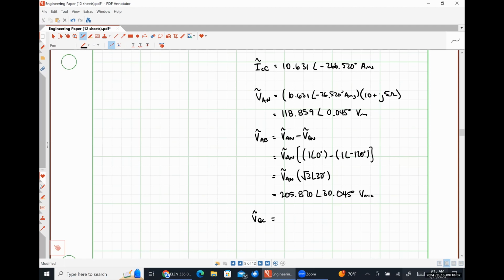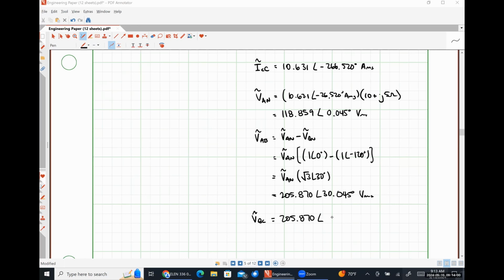What would my line voltage VBC be equal to? VCA.